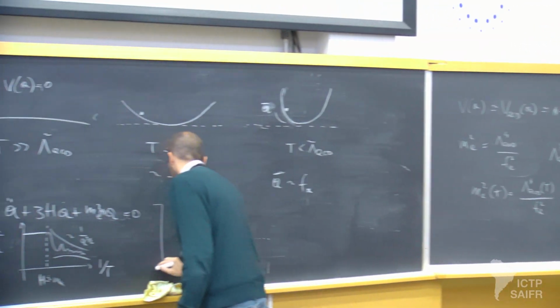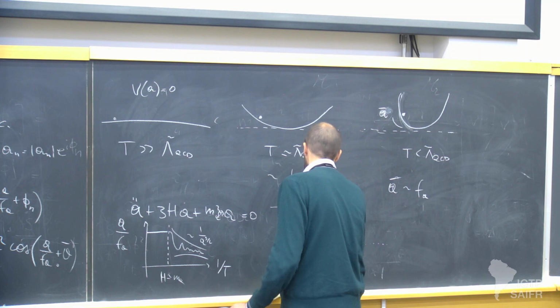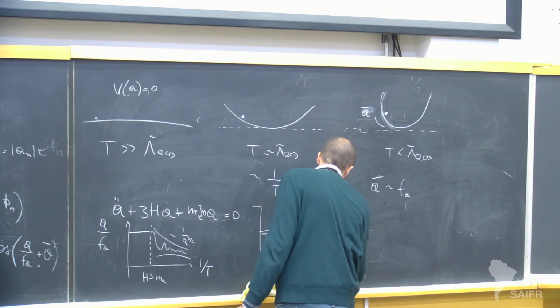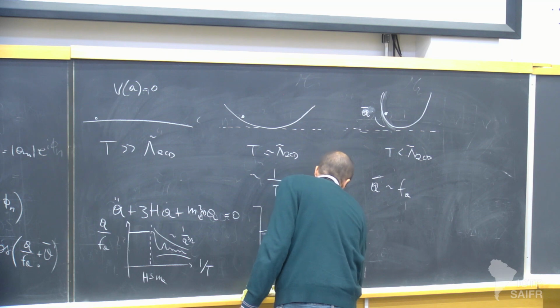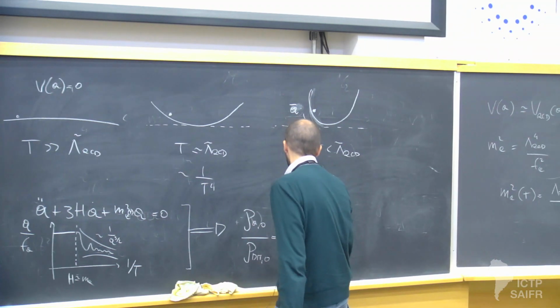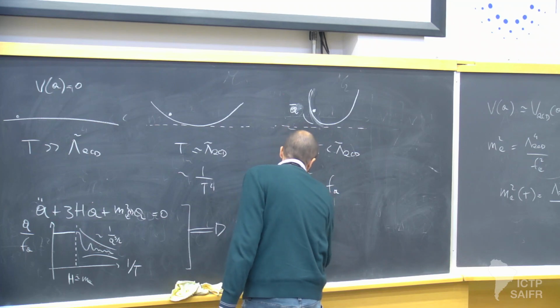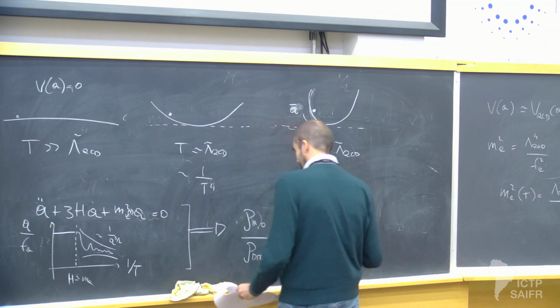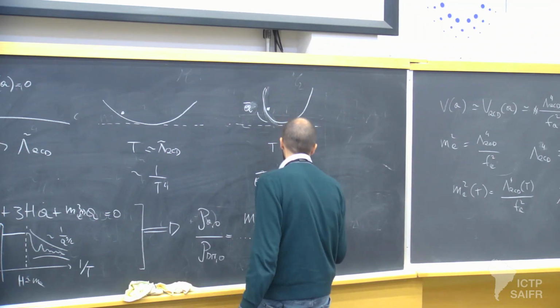So if you repeat the exact same calculation that we did last time, we're going to find that the axion relic density today divided by the dark matter relic density today is going to be the mass when oscillations start times this misalignment.